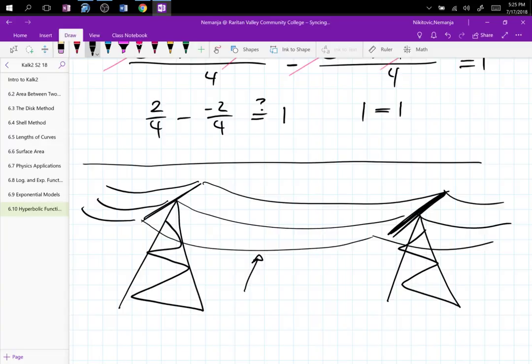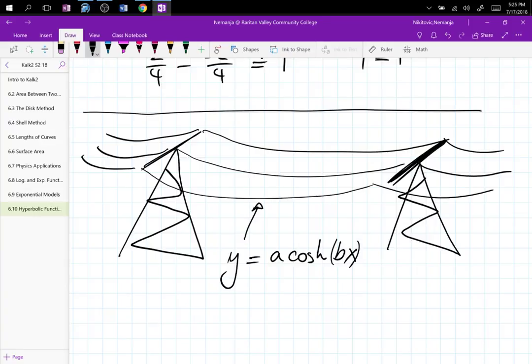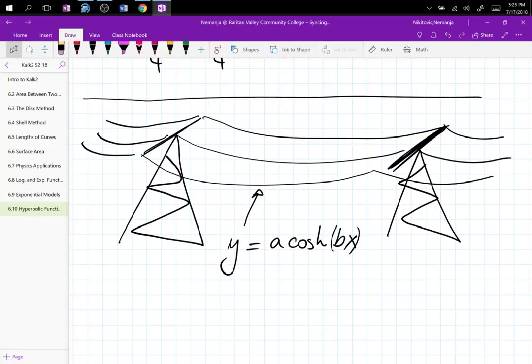It looks like it's x squared. It's not. It looks like a parabola because all you see is this kind of shape, stretched over a long distance. But it's not that kind of shape. It's actually cosh. So y equals a cosh(bx) would be an equation that would model the cable or the cord.